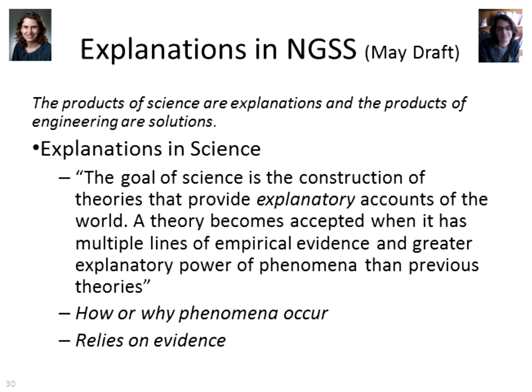As they said in one of their slides last week, the goal of science is the construction of theories that provide explanatory accounts of the world. A theory becomes accepted when it has multiple lines of empirical evidence and greater explanatory power of phenomena than previous theories. So that's explanation.